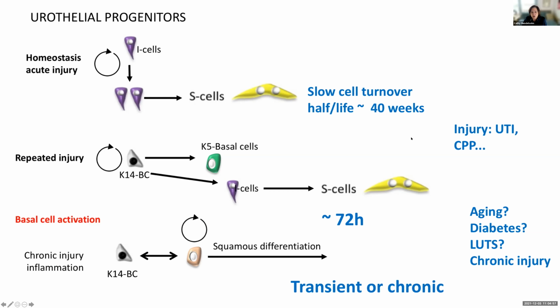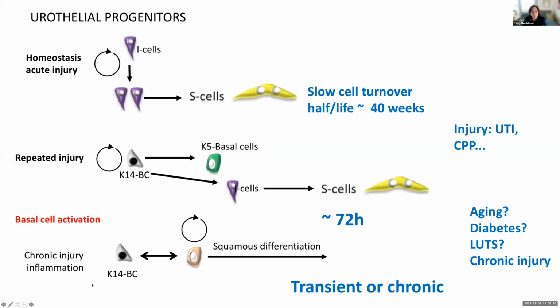With repeated injury, for example UTI, CPP, injury that actually denudes the urothelium, or even acute UTI, K14 basal cells can be progenitors. They're probably the progenitors that do the de novo repair, and they can produce K5 basal cells, intermediate cells, and intermediate cells make superficial cells. And so these can divide and renew after repeated injury.